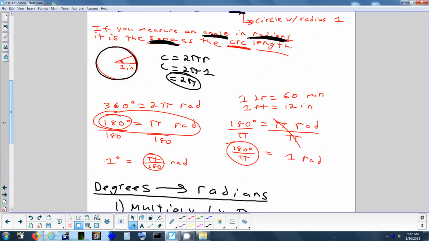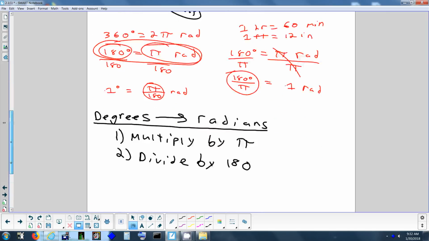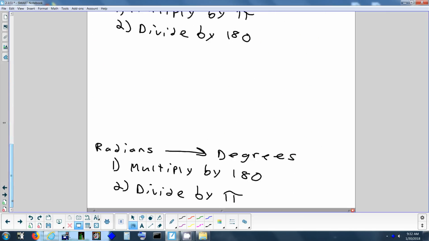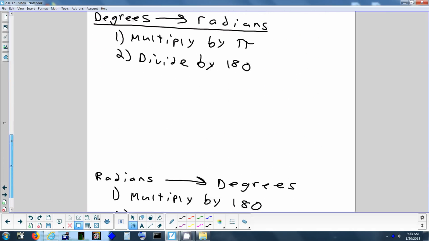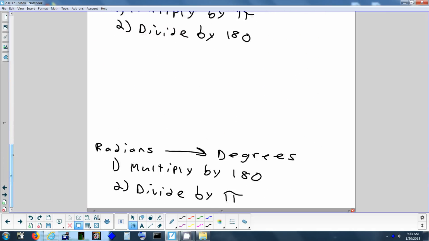The 180 has a degree symbol on it. When you think of pi, think radians. Just think those two things and that'll help everything work out. When you think degrees, think 180. When you think radians, think pi. And if you can remember that idea, you don't even really need to remember what I have on the board right now. Just those two things I just said.